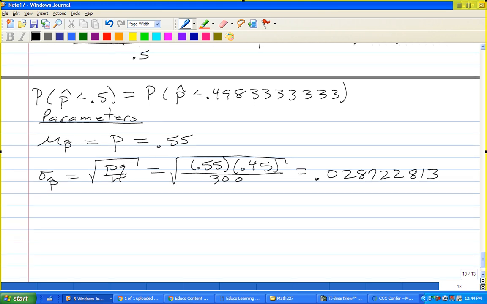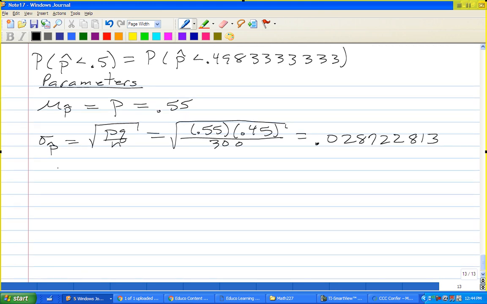Okay. So let's standardize. And so z equals x minus mu over sigma.